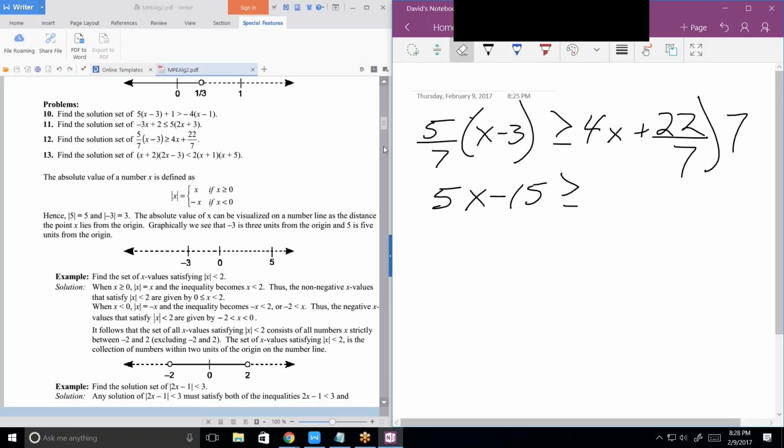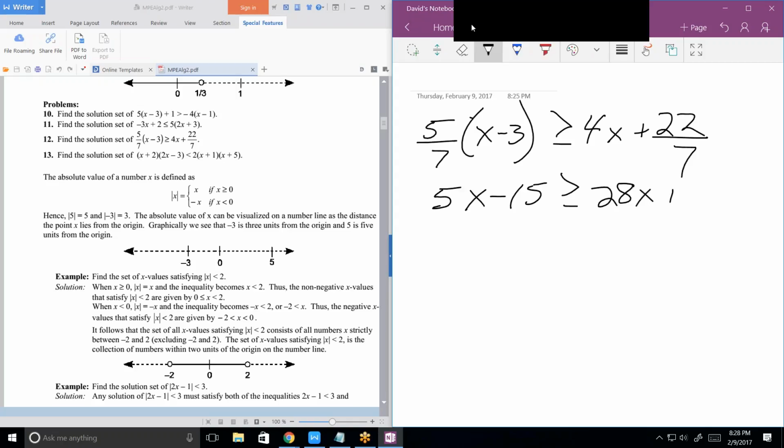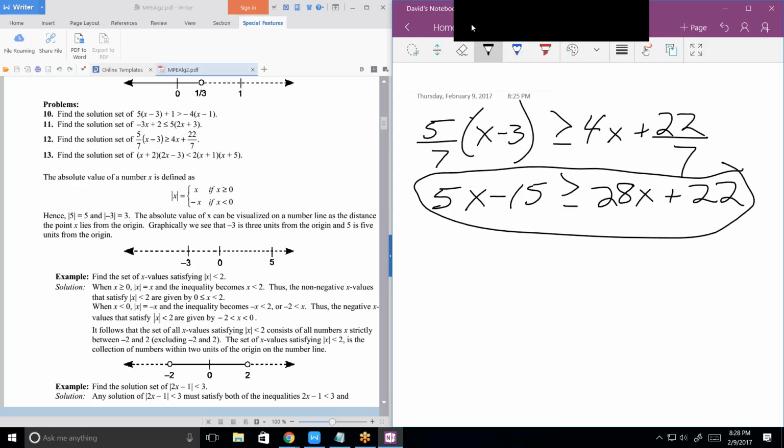Okay. So then it would be 28x plus 22. Yeah. Now notice how much easier that is than what we started with. In other words, by merely multiplying by that denominator, we've turned it into a very easy problem without fractions.